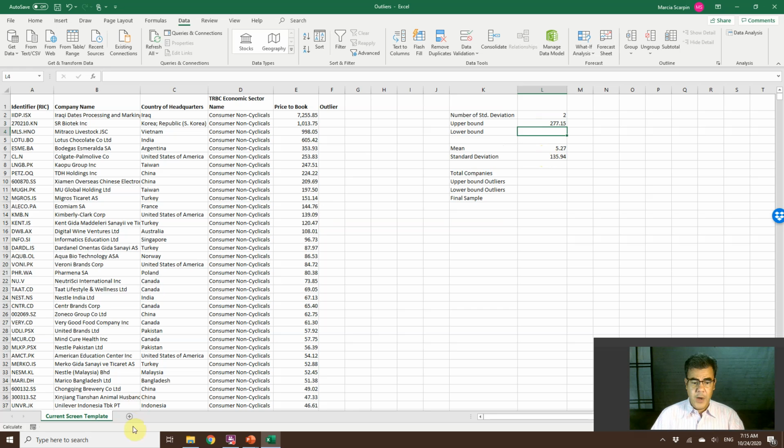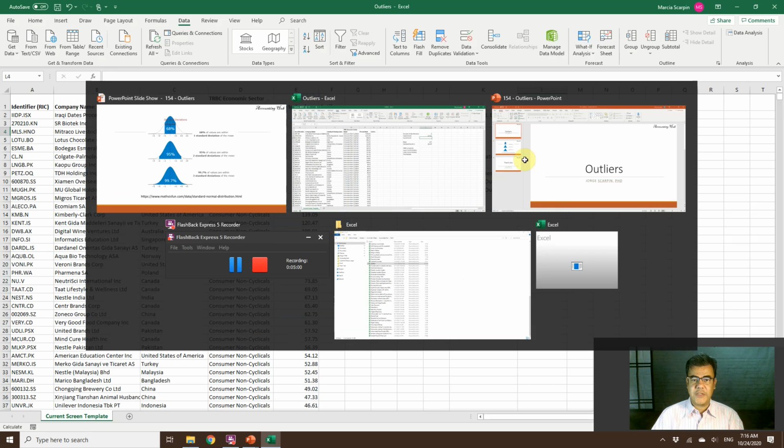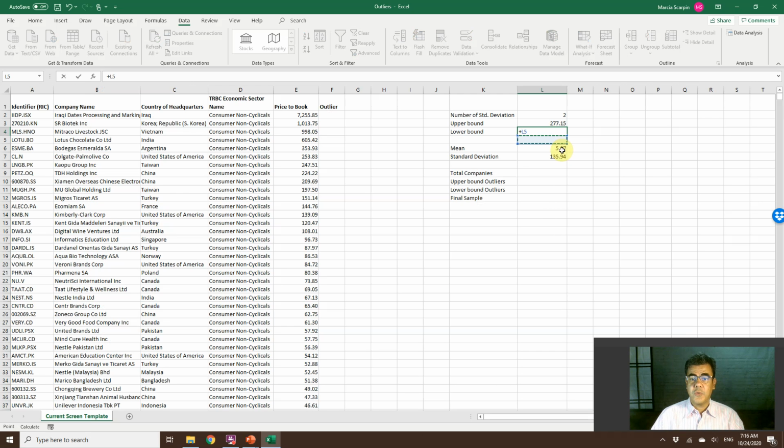And the lower bound, the number to our left, is the mean less 2 standard deviations. Here we have a problem. Our standard deviation is too large. So we have a huge dispersion here.